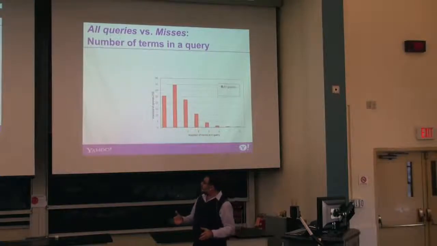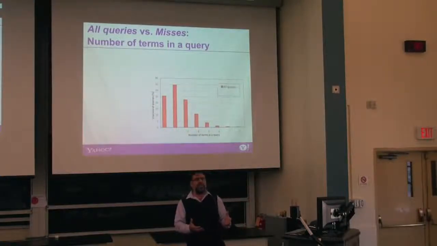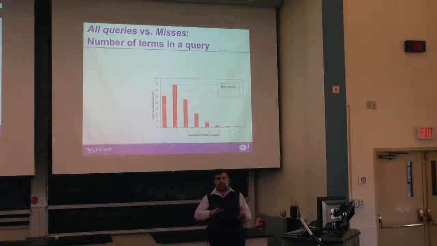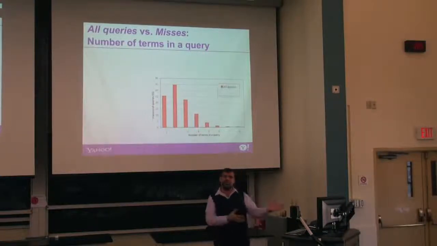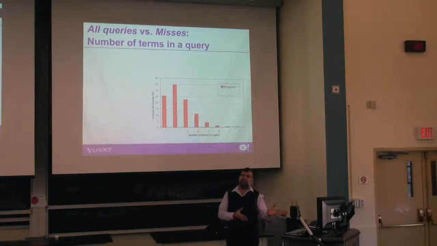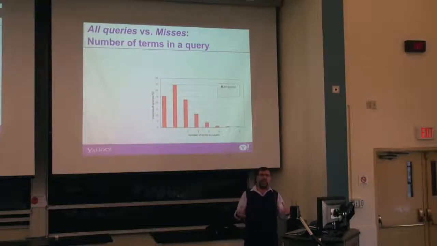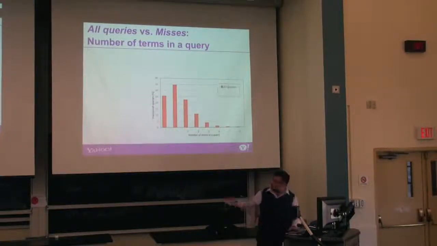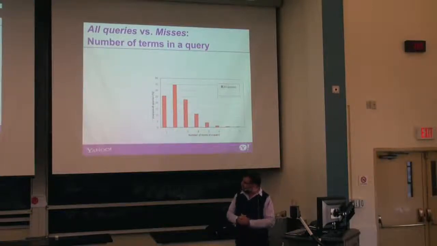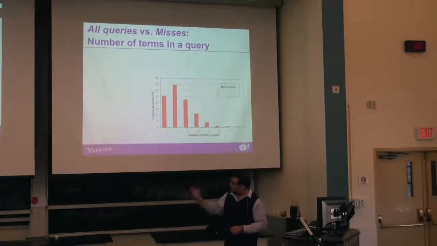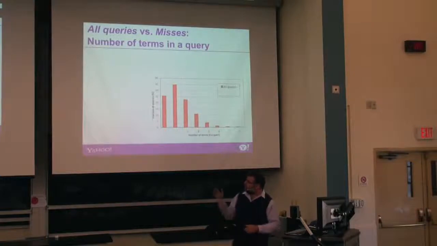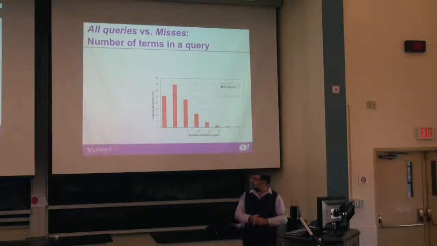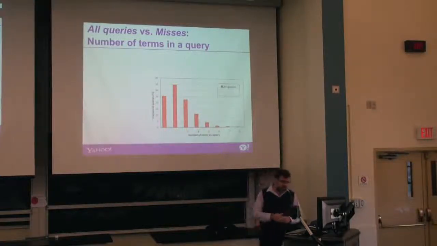Well, what's next? Well, if you do caching of answers, the distribution that will reach your search engine is not the original distribution. So basically, after you cache the answers, you will get a completely different distribution. How different? Well, this is a sample of queries, a very large sample, and you get the distribution. So most of them have 2 terms, and then 1 and 3 are tied, and so on.